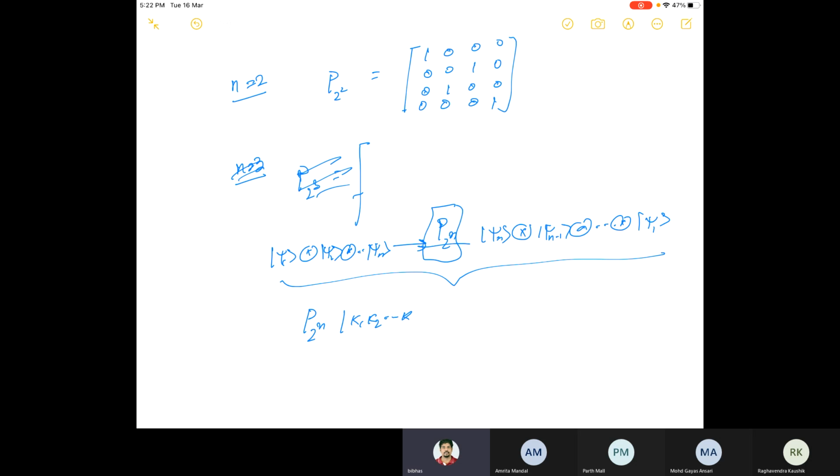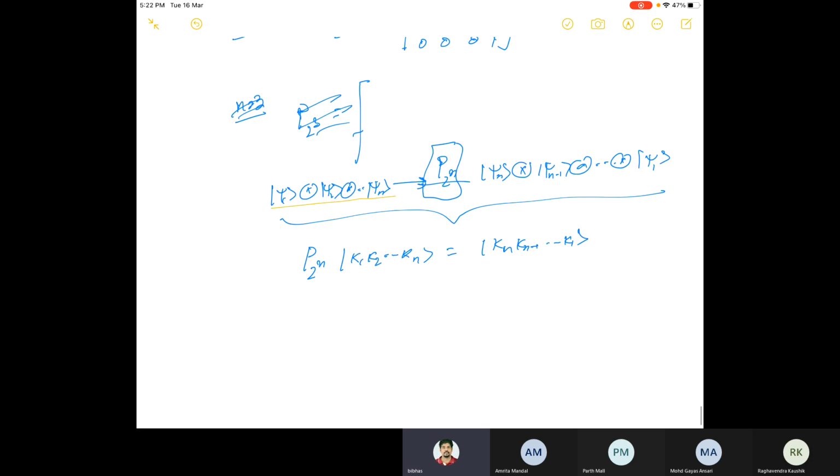So k1 k2 dot kn would be equal to kn, kn minus 1, dot, k1.